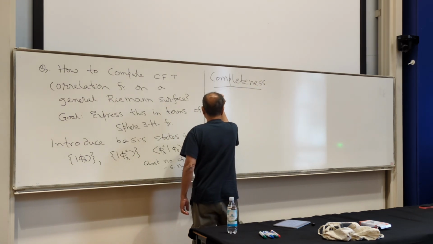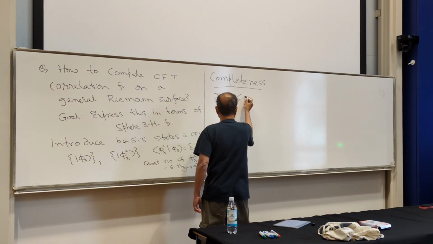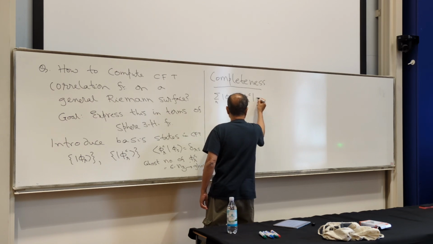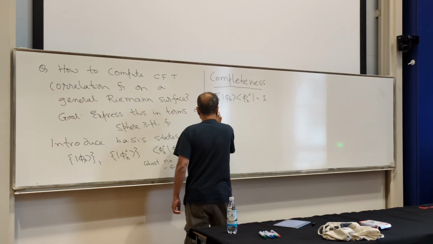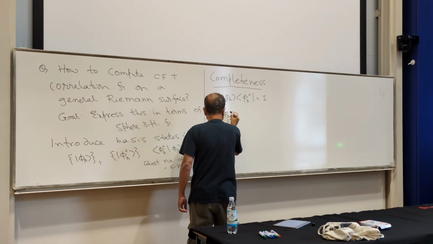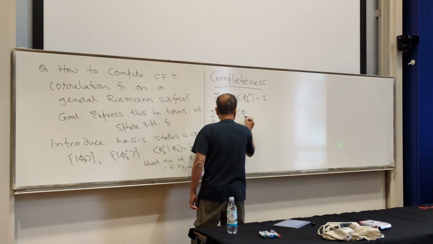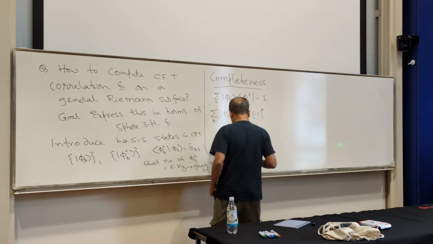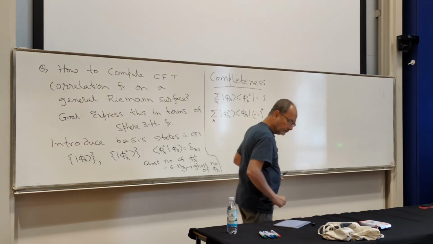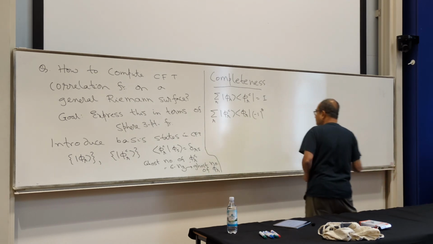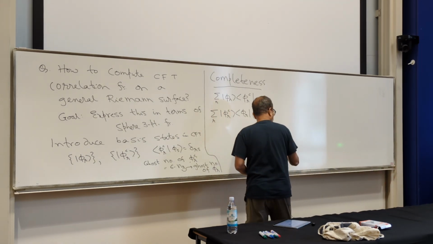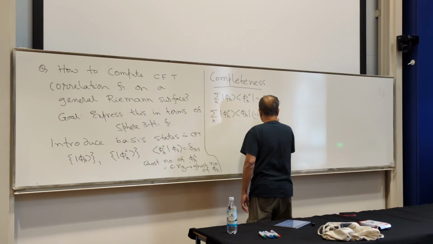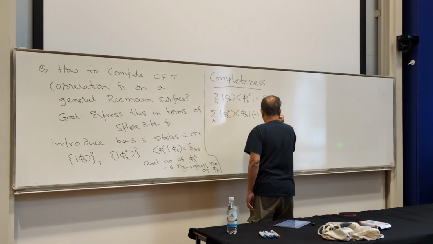Which is the sum over r of phi_r phi_r^c is the identity operator, and there is another relation that I am going to write, which is the sum over r of phi_r^c phi_r times minus 1 to the n_r, this is also the identity.